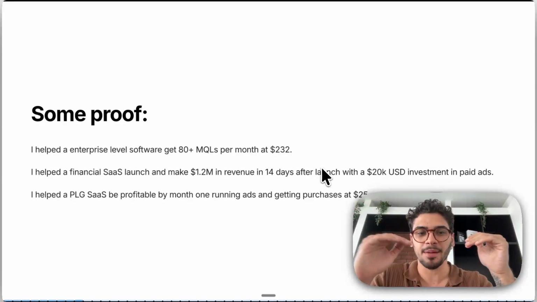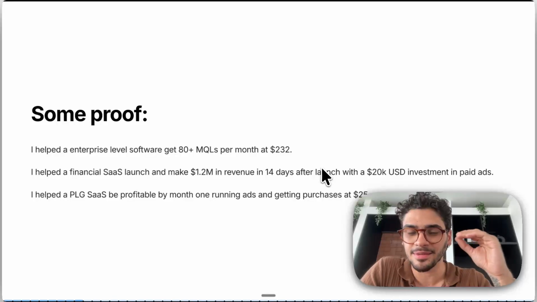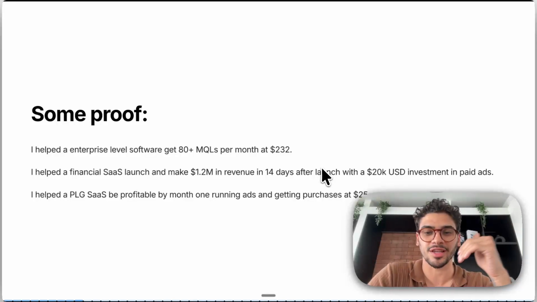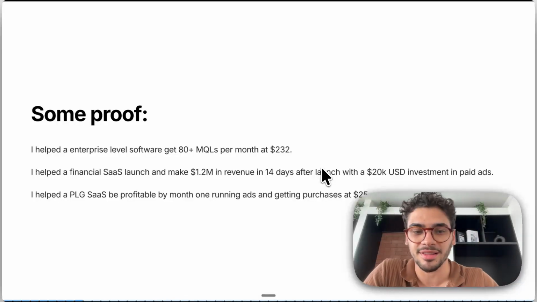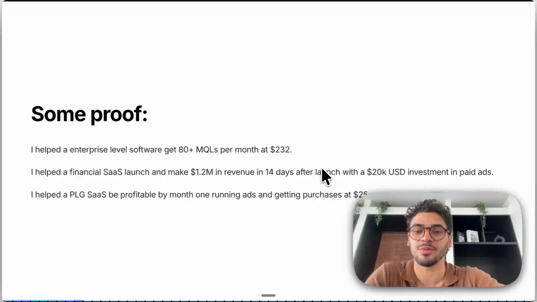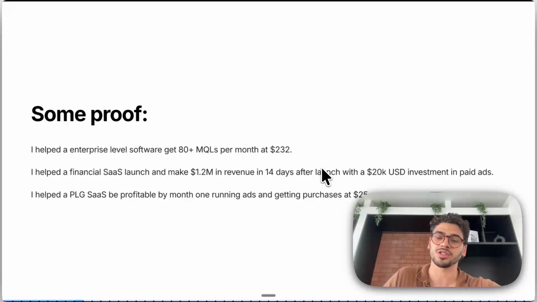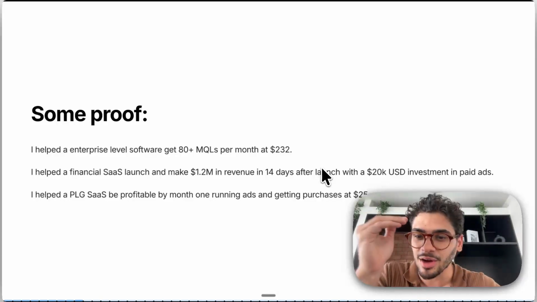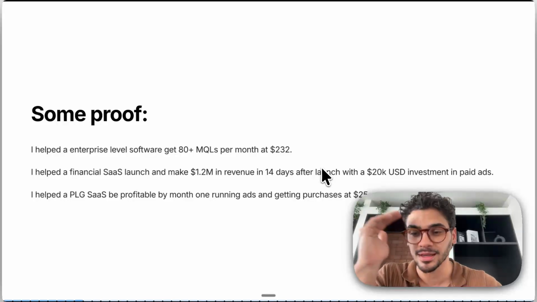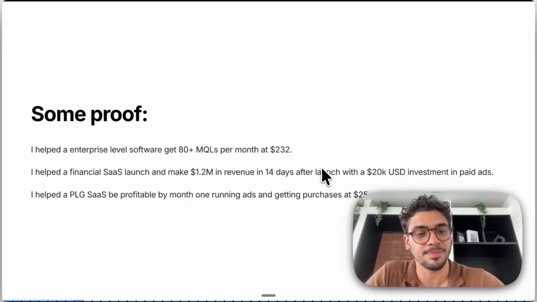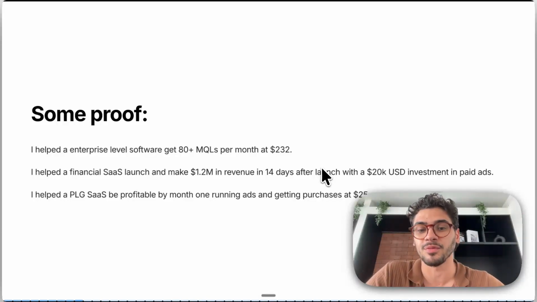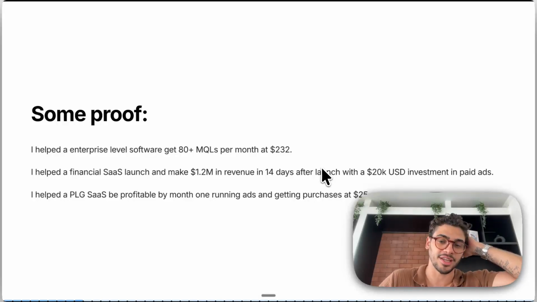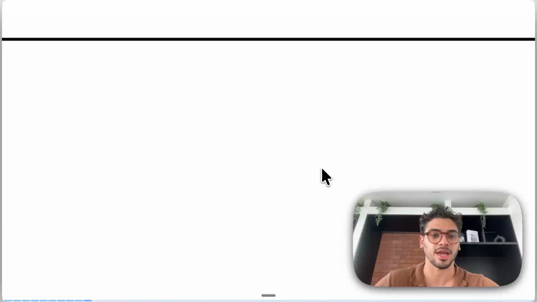Some proof here. I helped an enterprise level software get 80 MQLs per month at $232. I helped a financial SaaS launch and make 1.2 million in revenue in 14 days after launch with a 20,000 USD investment in paid ads. And I helped a PLG SaaS be profitable by month 1, running ads and getting purchases at $25, okay?